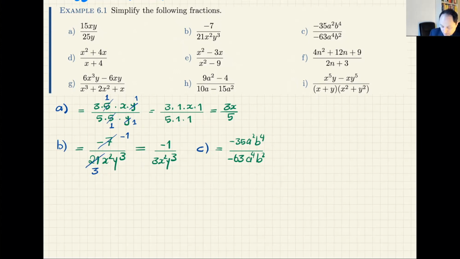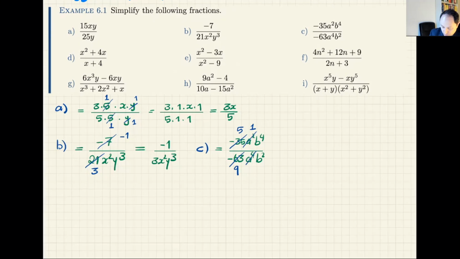Yes. Okay, so what I do in the numerator, I divide by minus 7, it becomes 5. Or if you want, you can say that, okay, minus by minus, they are simplified. And then I can divide this by minus 7, it becomes positive 9. And this a squared divided by a squared becomes 1. But a to the 4 divided by a squared is left.